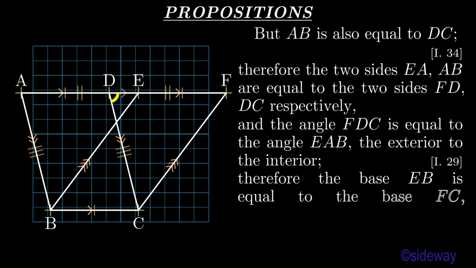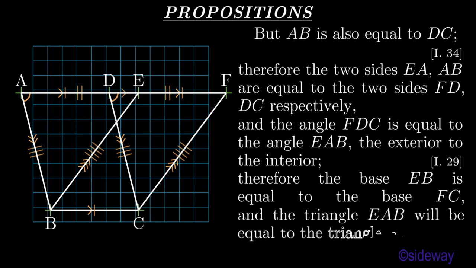And the angle FDC is equal to the angle EAB, the exterior to the interior, by Book 1, Proposition 29. Therefore, the base EB is equal to the base FC, and the triangle EAB will be equal to the triangle FDC, by Book 1, Proposition 4.